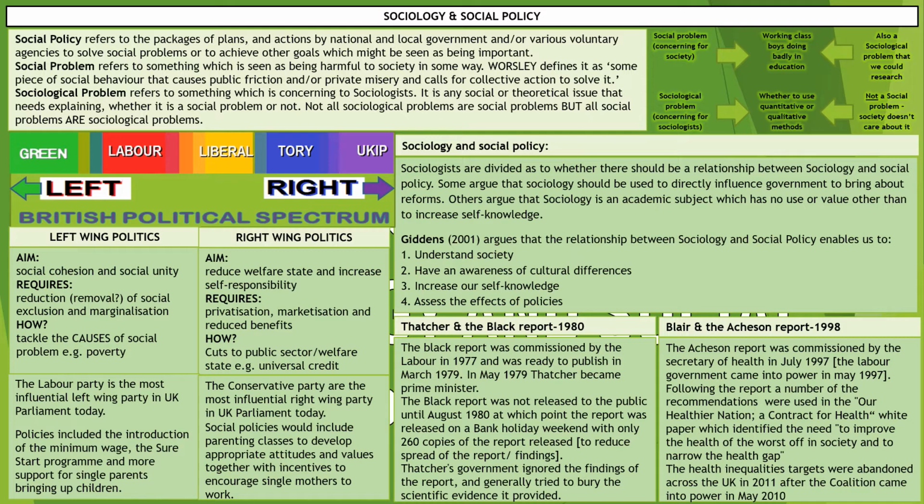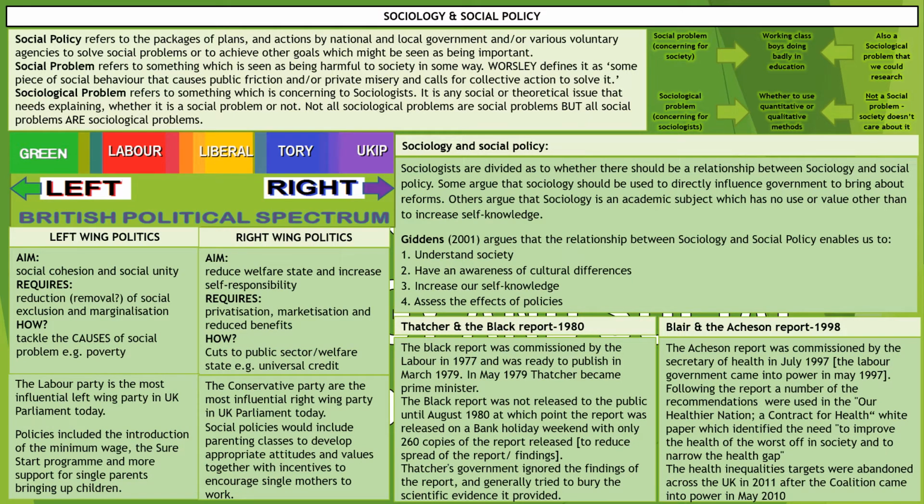The work of sociologists and researchers was taken on board. It led to the development of a white paper called, obviously, The Health of the Nation, or Healthier Nation, and it tried to reduce the gap in health between the wealthiest and the poorest in society. Health inequality targets were being met, but were abandoned when the coalition came into power in 2011.